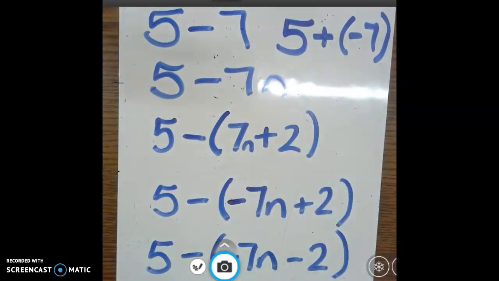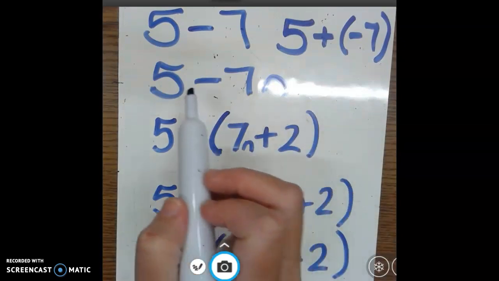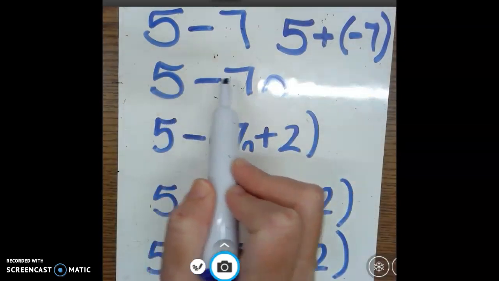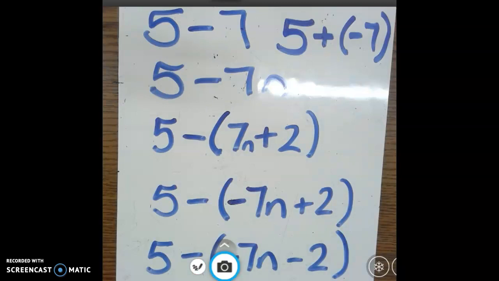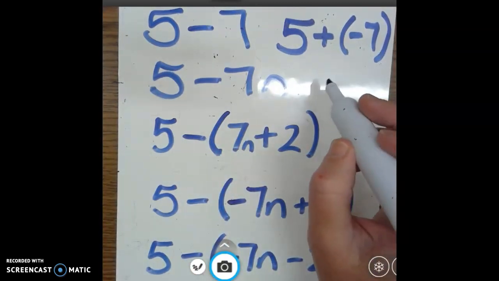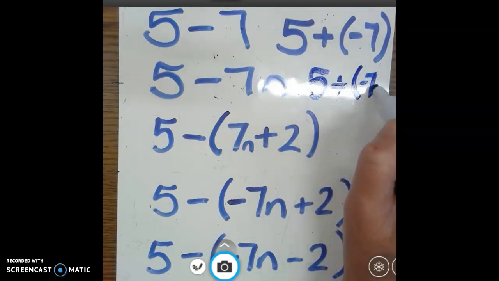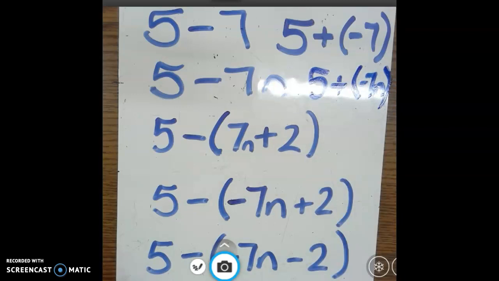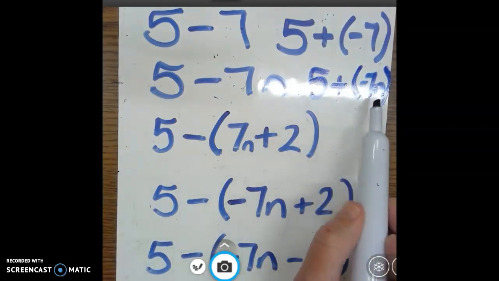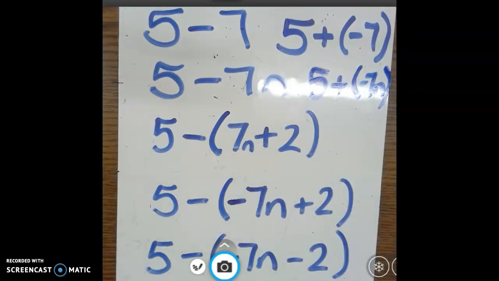So when we look at that with expressions and variables included, we have 5 minus 7n as an example. Well, 5 minus 7n is also the same thing as 5 plus -7n, okay? So 5 plus -7n would give us the exact same thing.